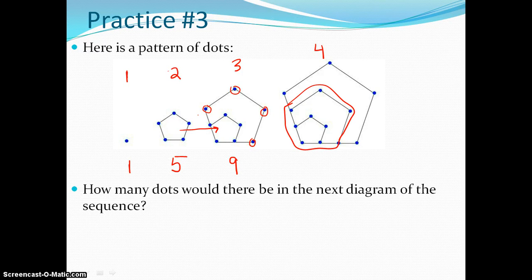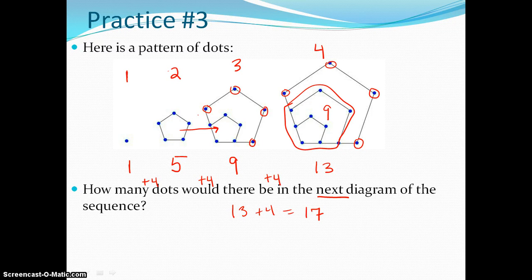So that's 9 dots we already know, plus 1, 2, 3, 4 more. That's 13. So this has a constant rate of change: plus 4, plus 4, plus 4. And it says next. So not 6th or 10th or whatever, it's next. So the next one would just be 13 plus 4 for 17.